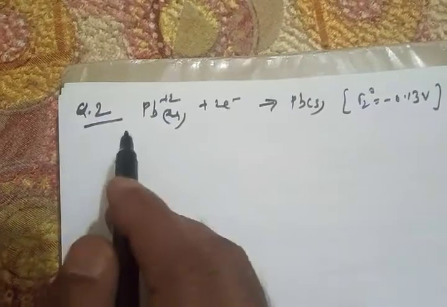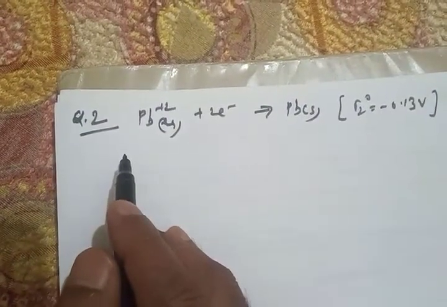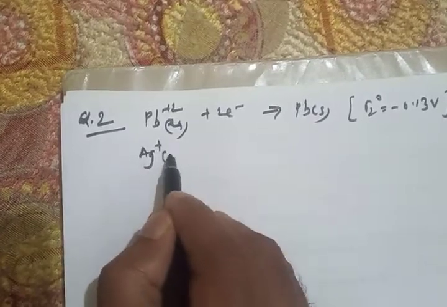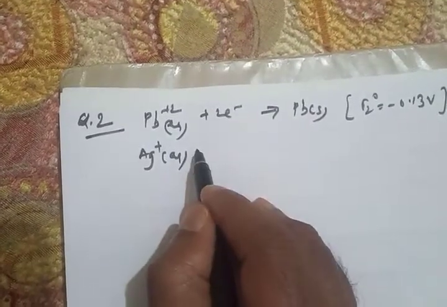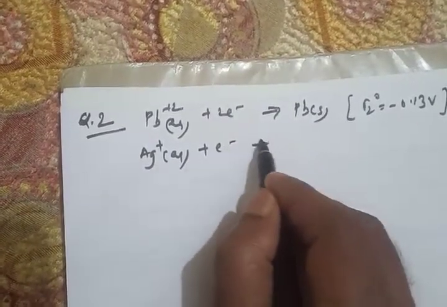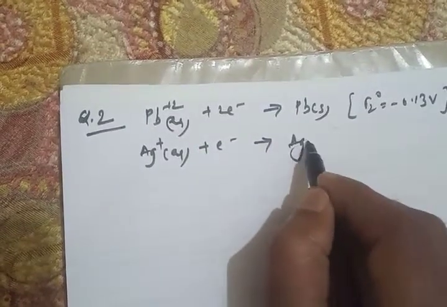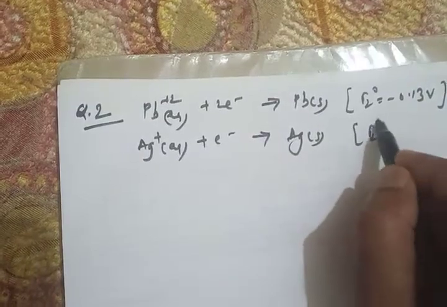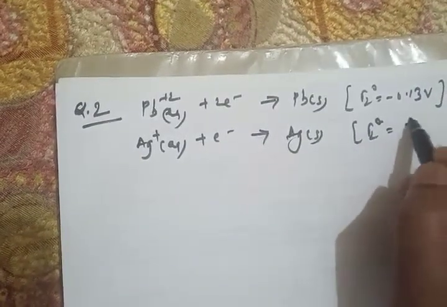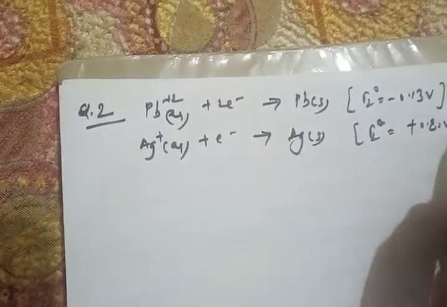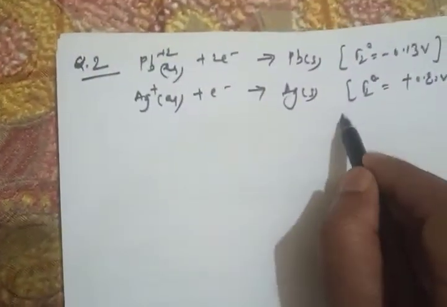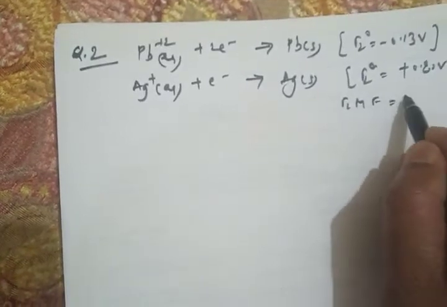Then in the second case the given reaction is Ag plus aqueous plus 1 electron gives Ag solid. The value for this reaction is plus 0.80 volt. Here we have to calculate the EMF. So what is the EMF of this?